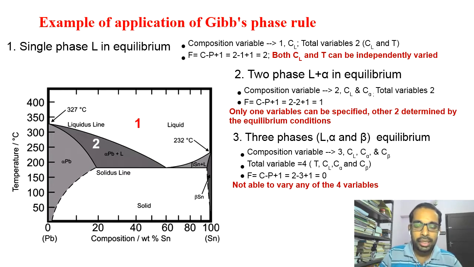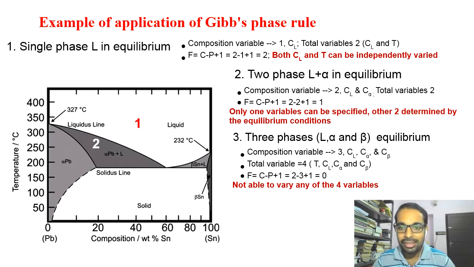The number of components C is 2, tin and lead, and P is equal to 1, because this is a single phase state. So 2 minus 1 plus 1 is equal to 2. The total number of degrees of freedom is 2.